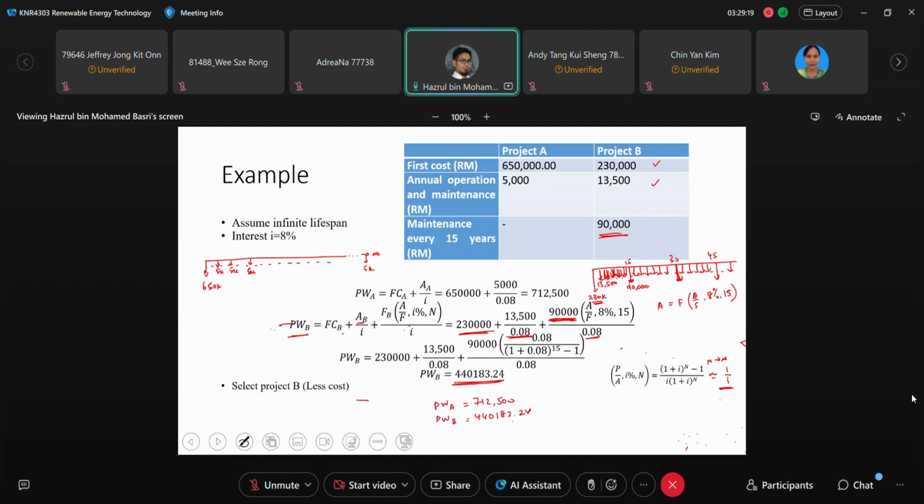Guys, come on. The highest value is project A. But if you look at this question, this number is basically representing the cost. This one also represents the cost. So if you want to have a good business, you want to find the project which incurs less cost. So in this case, less cost is project B, so you go for project B.